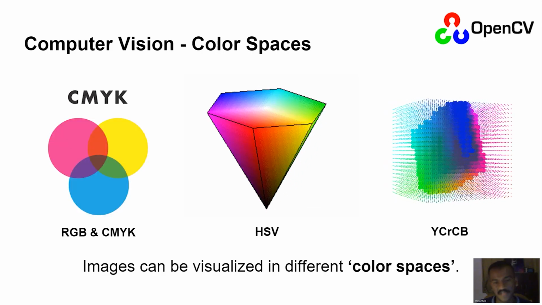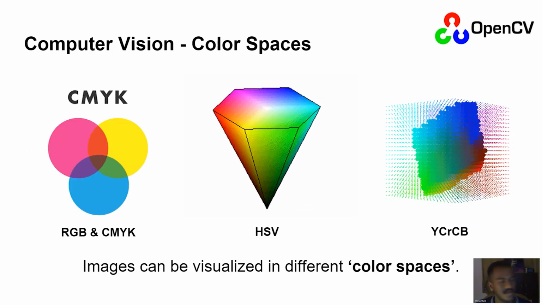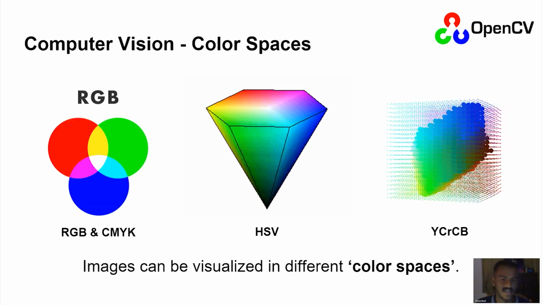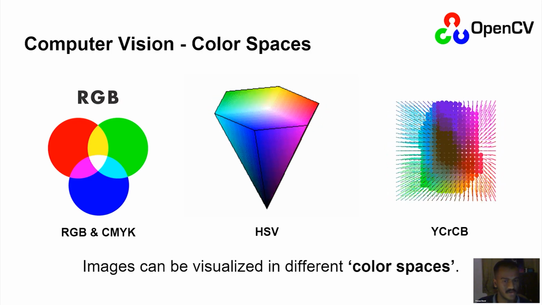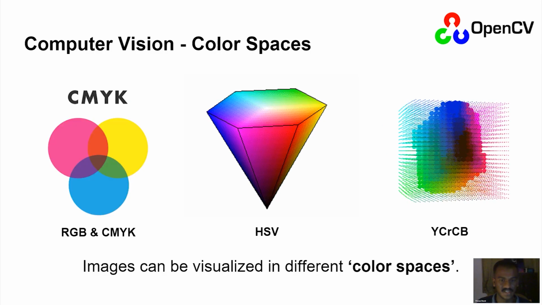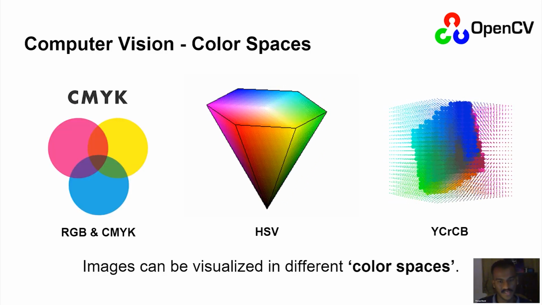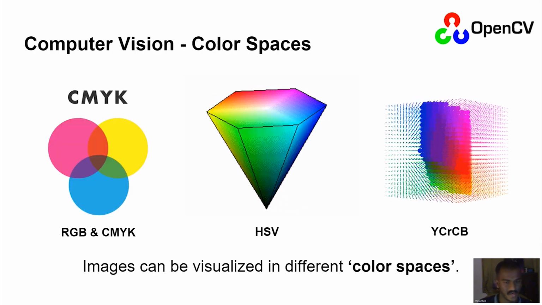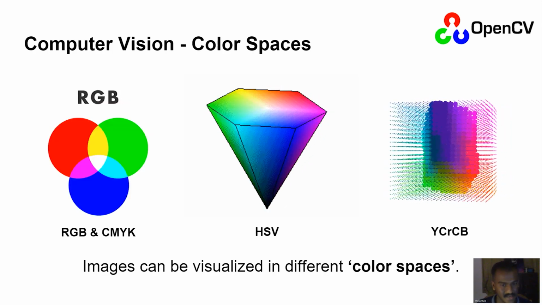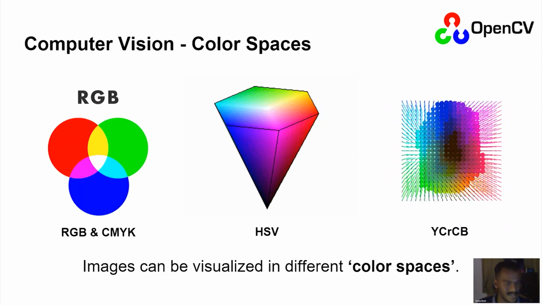You have RGB, which I showed you in the previous slide, and CMYK, which stands for cyan, magenta, yellow, and key, a different composition of colors. You have HSV, which stands for hue, saturation, and value, and you also have the YCrCb color space. Each of these color spaces is meant for different use cases. It's not that one color space works for everything. That's not possible.